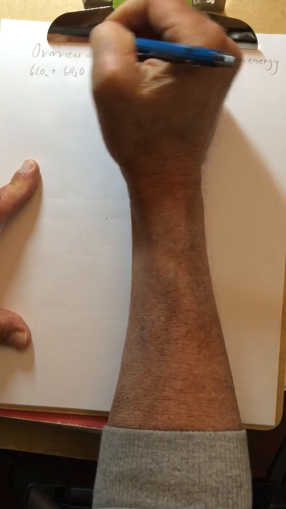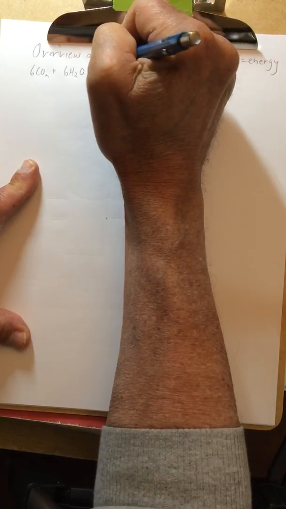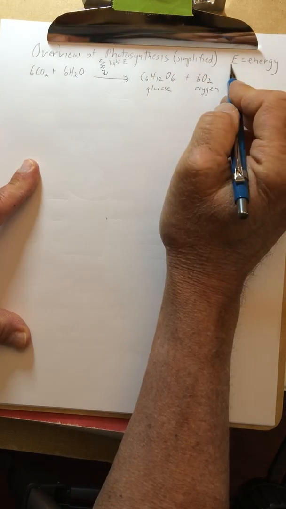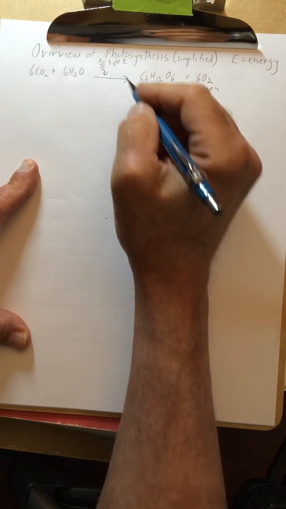And this process is powered by light energy, and I'm going to abbreviate energy with a big E, and more specifically, photons of light. Photons are the particle form of light.